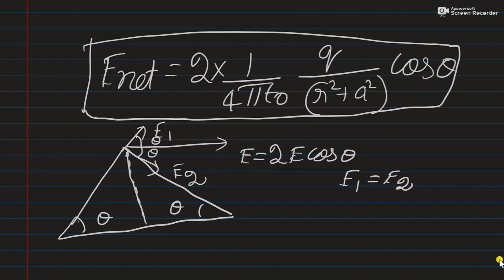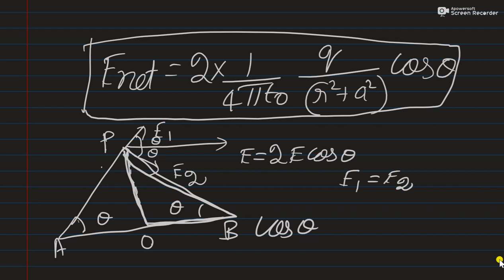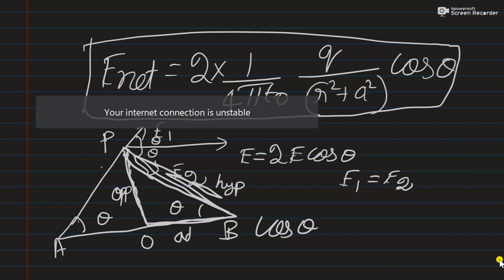If you want cos theta, you can take this small triangle PAO, or you can take OPB, any triangle you can take. I am taking this triangle. Tell me what is cos theta. For this triangle, this is called opposite, this diagonal side we can call hypotenuse, and this is called adjacent.